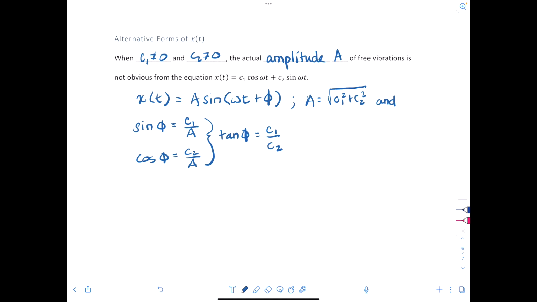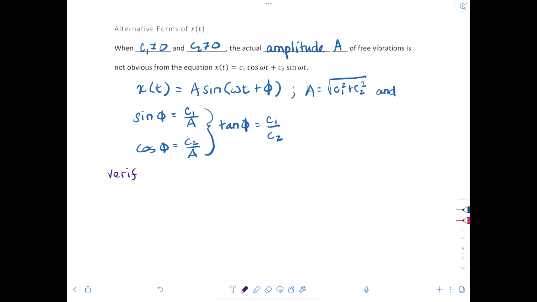Now let's verify this. So starting with x at t equals A times sine of omega t plus phi.